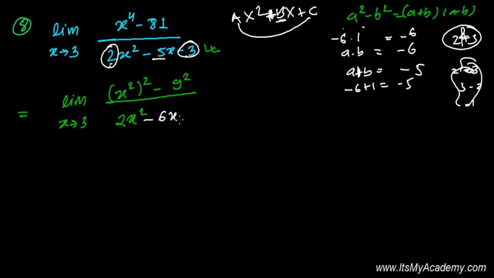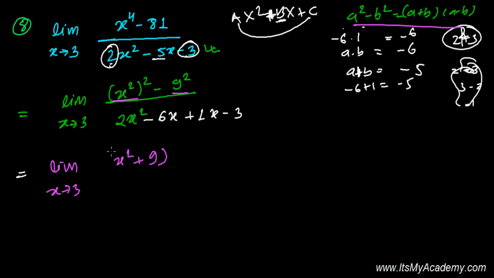So it's going to be minus 6x plus 1x minus 3, and further limit x tends to 3. Now this is a pretty straight formula, x square whole square minus 9 square. So I'm going to use this formula, and that's going to be x square plus 9 and x square minus 9. X square minus 9 I'm writing as 3 square so that I can further utilize it to write the formula in the next step.